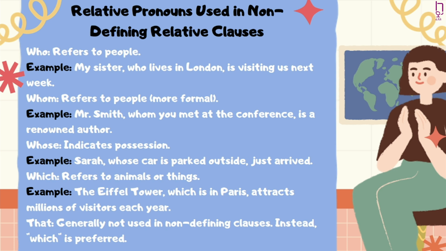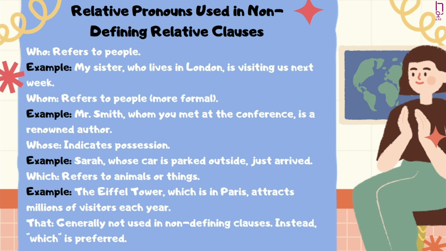In the case of whom, it refers to people and is more formal. For example, Mr. Smith, whom you met at the conference, is a renowned author. The function is the same; it's just the way we use it. In the case of whose, let's see an example: Sarah, whose car is parked outside, just arrived. Which refers to animals or things.